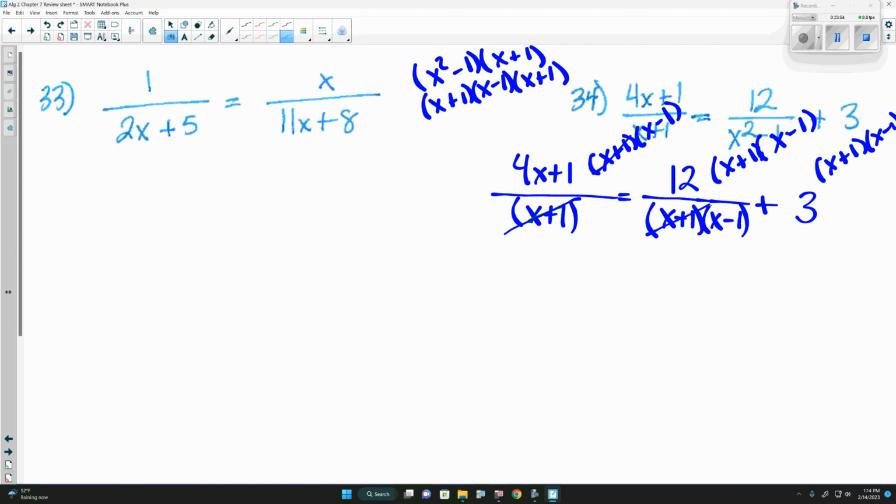In the middle, the x plus 1 and x minus 1 will cancel with both. And the last one stays the same. So our first one here is 4x plus 1 times x minus 1. The middle one is just 12 plus 3 times.